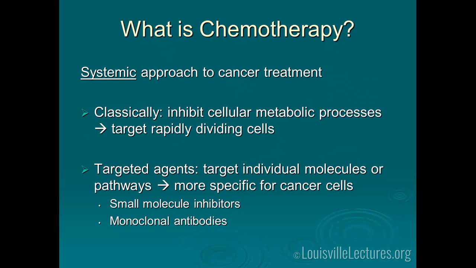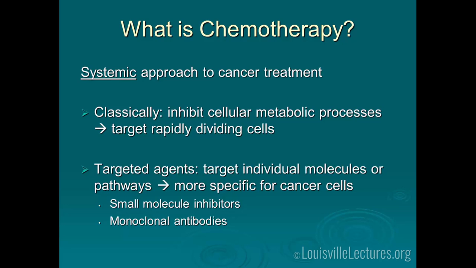More recently, we have a proliferation of what we call targeted therapies. These are drugs that target individual growth pathways and are thought to be more specific for cancer cells, but I would argue that they're similar to the other chemotherapy in that they have a lot of off-target effects.